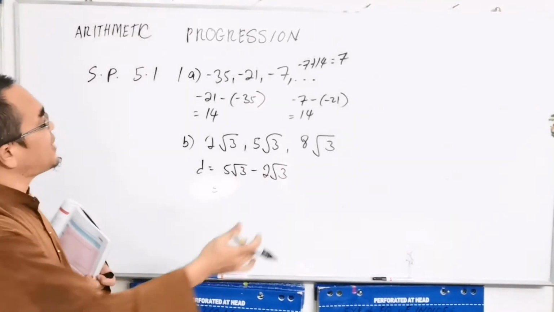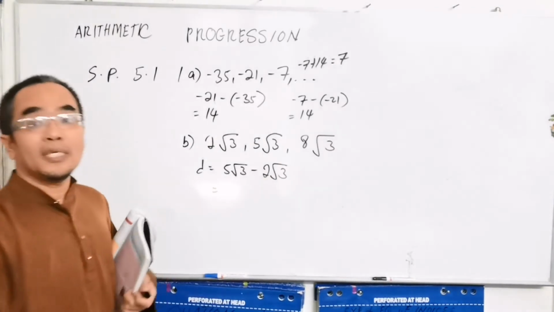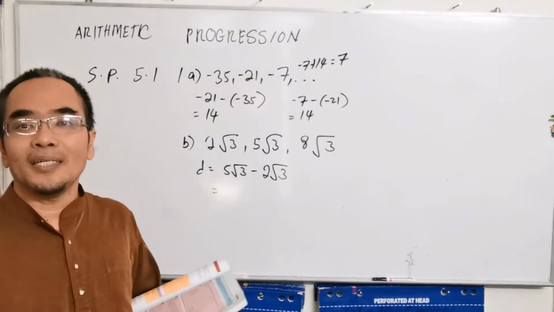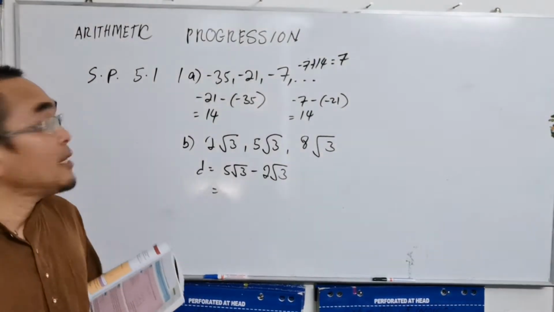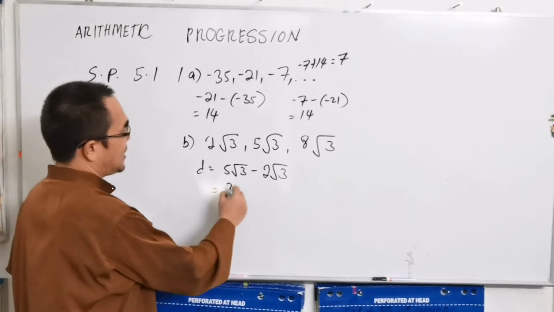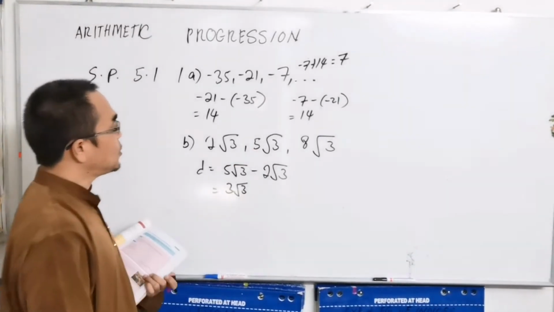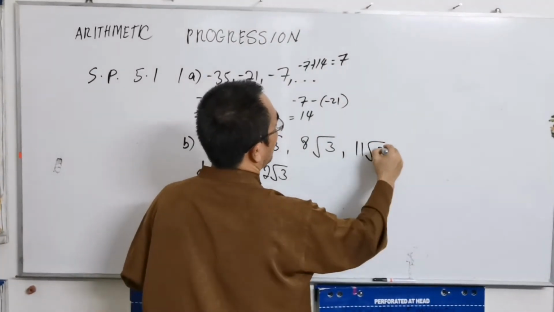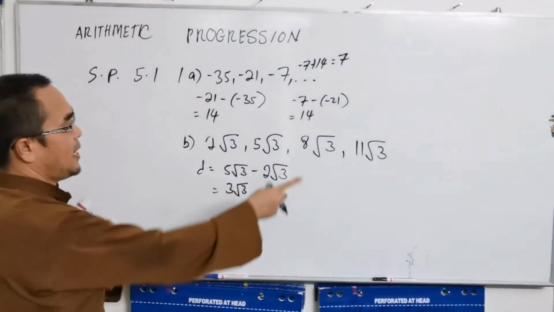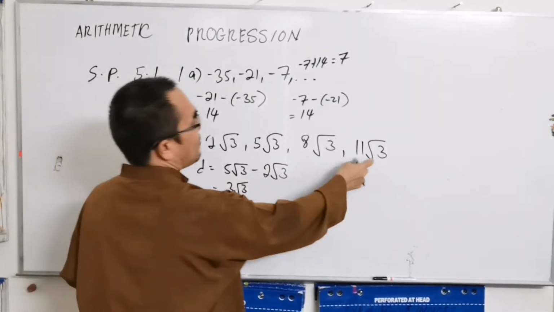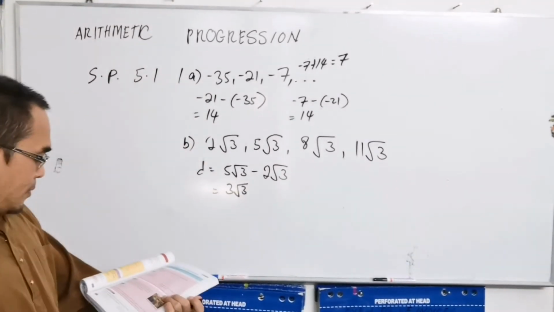We don't have to test twice because it is an arithmetic progression; they don't ask you whether it is an arithmetic progression or not. So the difference is 3 square root of 3, and the next one will be 11 square root of 3, because 8 square root of 3 plus 3 square root of 3 is 11 square root of 3.